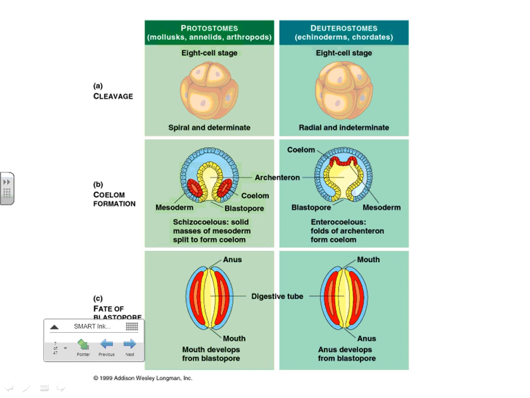Now, you need to know a little bit more than that protostomes, the mouth forms first, and deuterostomes, the anus forms first. There's more differences. Maybe the first thing you ought to know is that after fertilization, we know what comes next.